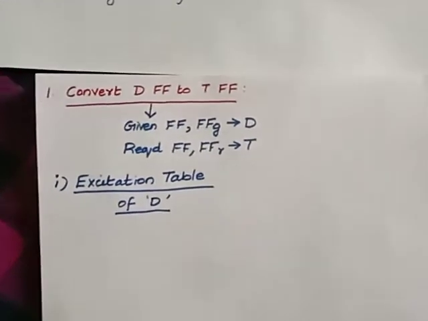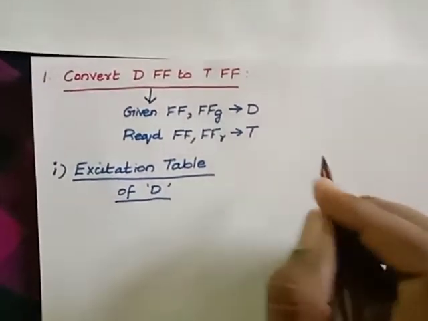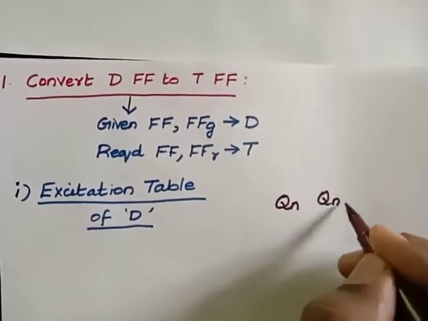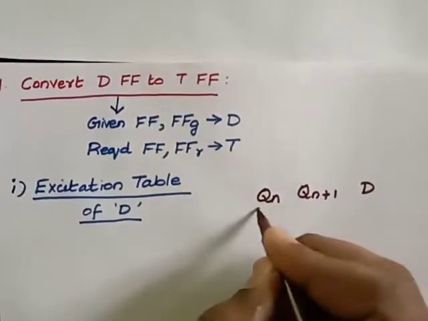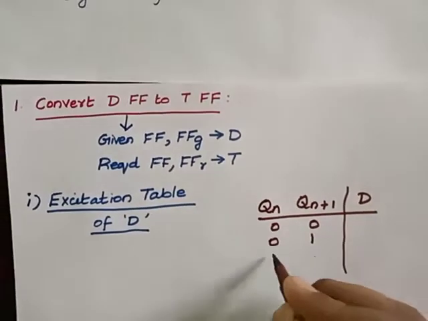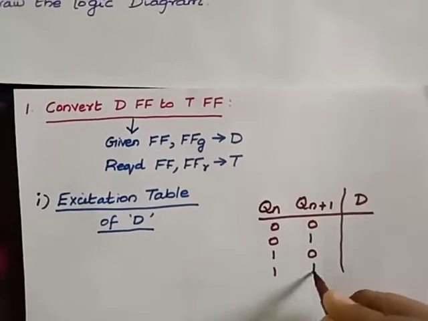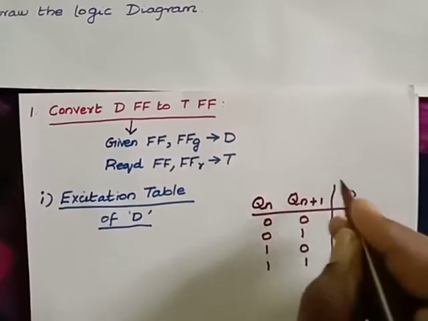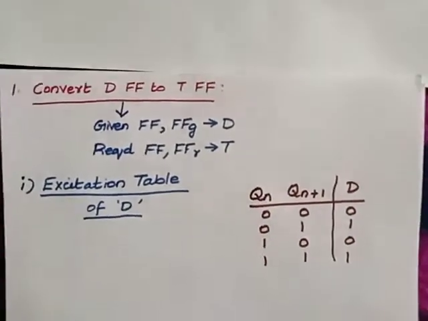I'll write it here at the side. For D flip flop, it is Qn plus 1 and then D, correct? Now the cases are 0 0, 0 1, 1 0 and then 1 1, and D is 0 1 0 1. This is the excitation table of your D flip flop.